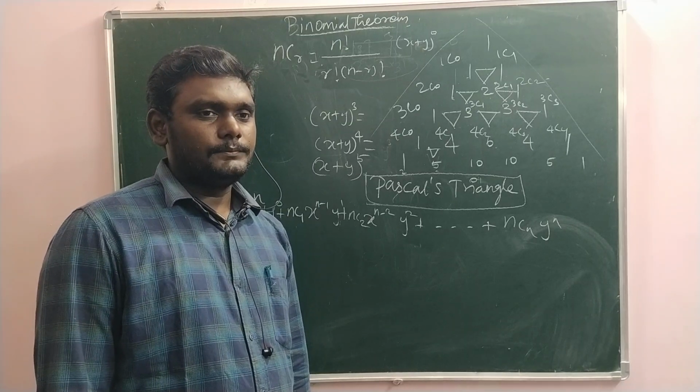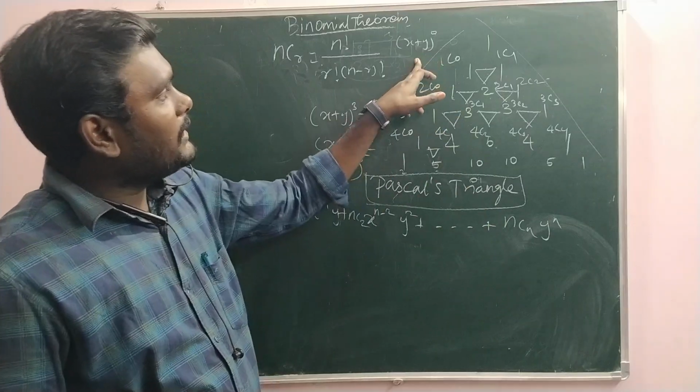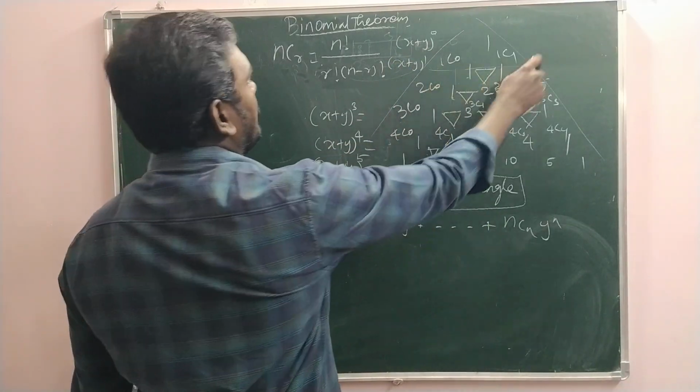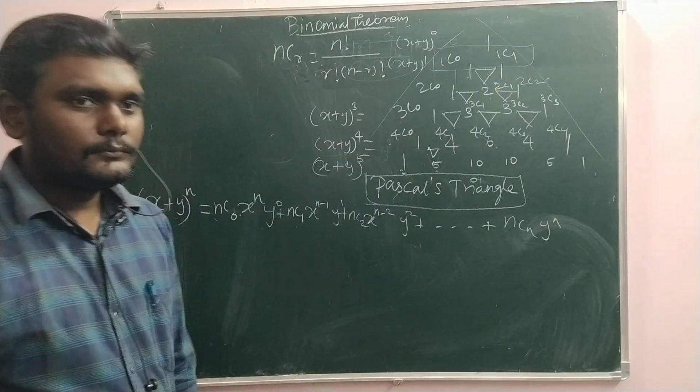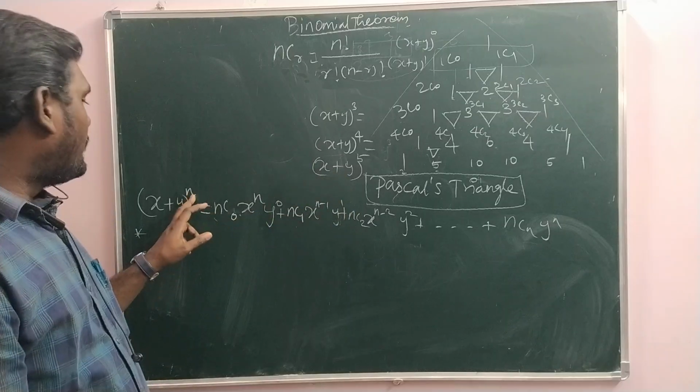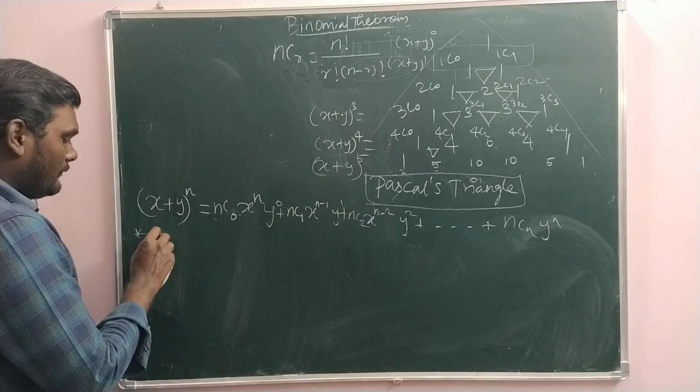Power 1 means what? This is x plus y whole power 1. We have 2 terms. Then here power n means totally how many terms will be there?